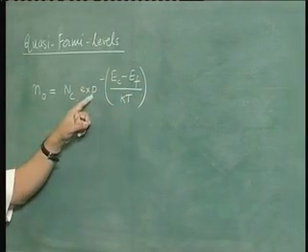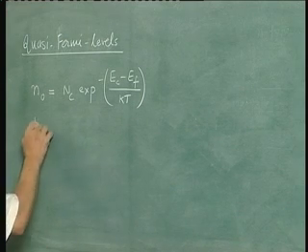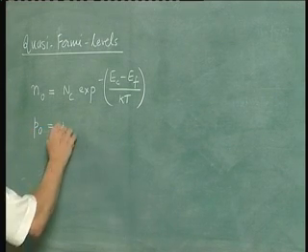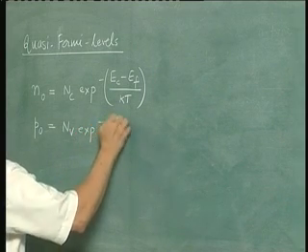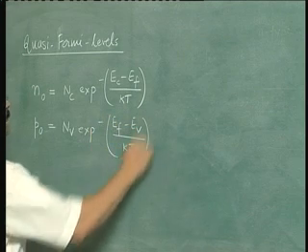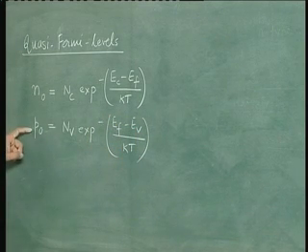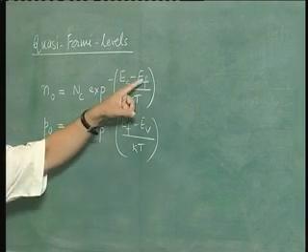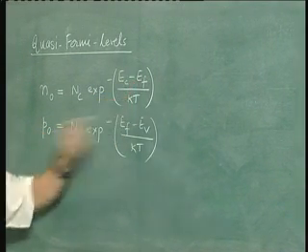N0 is equal to Nc exponential minus (Ec minus Ef) by kT, and the hole concentration under equilibrium can be written as Nv exponential minus of (Ef minus Ev) upon kT. Now, both N0 and P0 are characterized by the same Fermi level. The same Fermi level Ef comes into both these formulae.